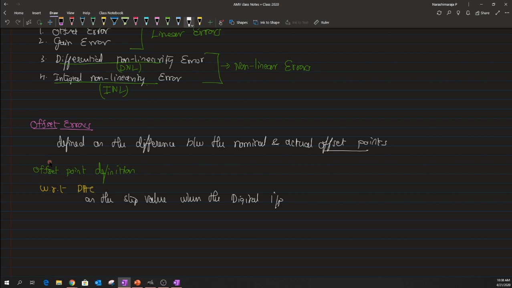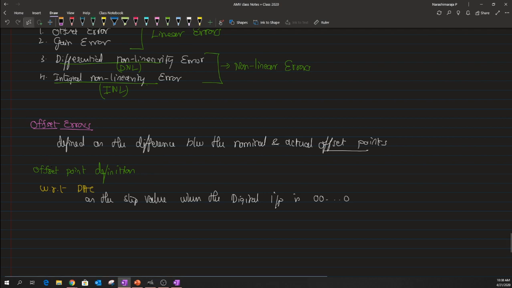So all of the digital inputs are equal to 0 0 0, and whatever value we get at the output as an analog output value, we call that value the offset point.